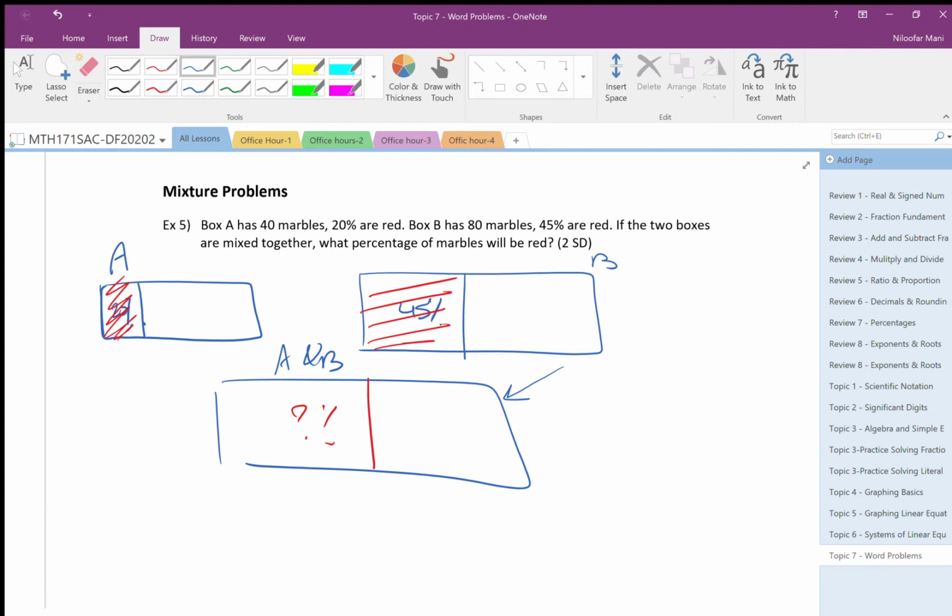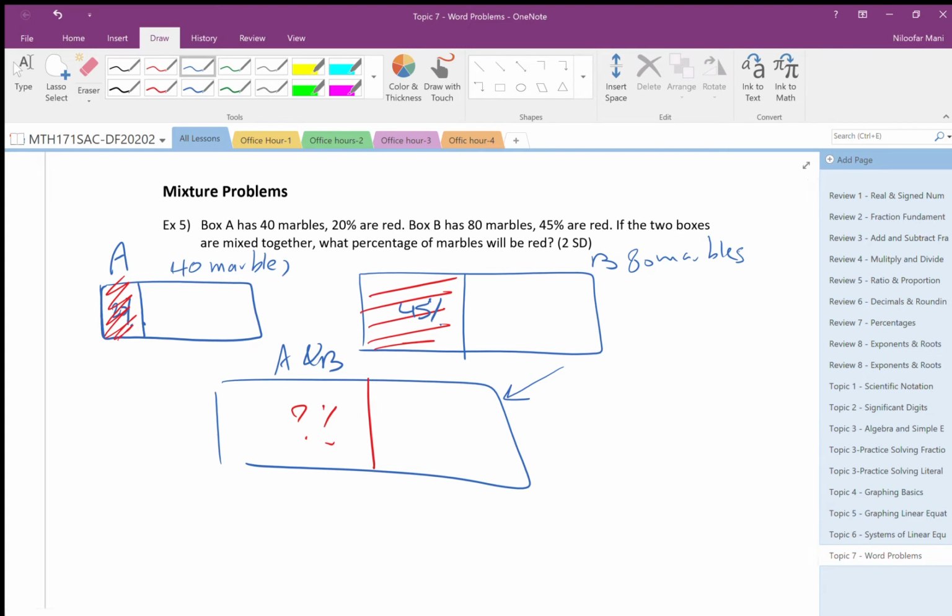So I read the question, I understand the type, so yes, it's a mixture problem. Now I want to visualize it. I have box A which has 40 marbles. I have box B which has 80 marbles. Box C, the third one, I mix them.